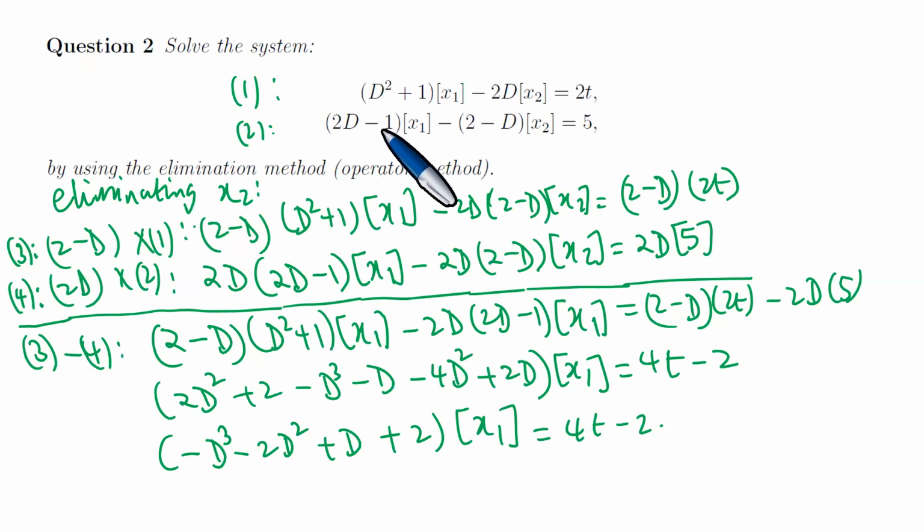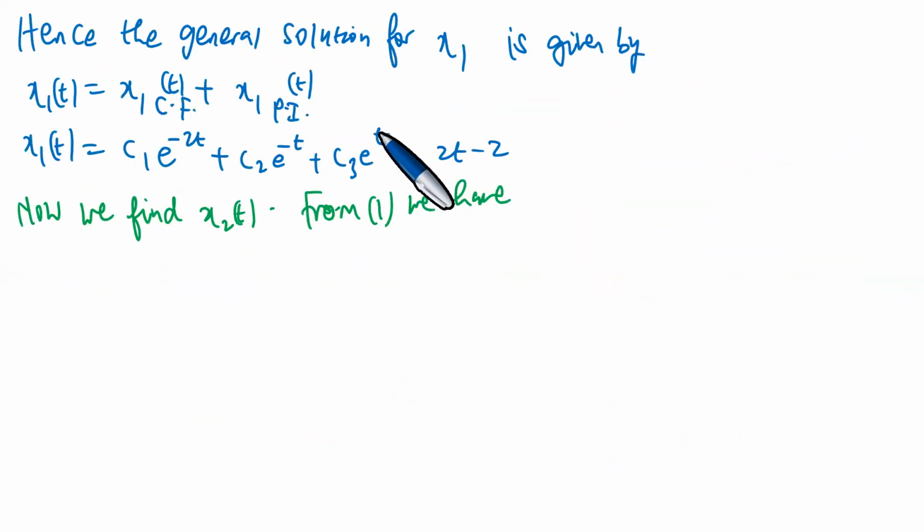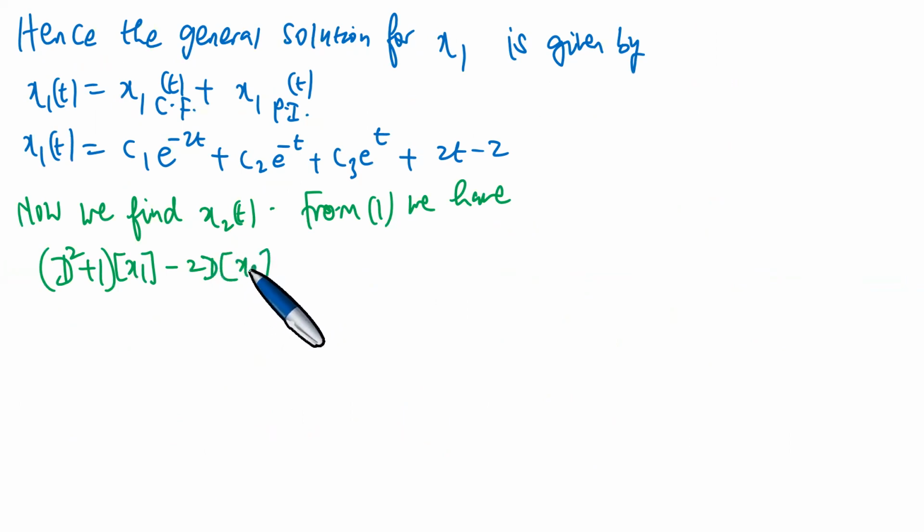D squared plus 1, x1, minus 2d x2, which is equal to twice t. Okay, that is equation 1 as it is.